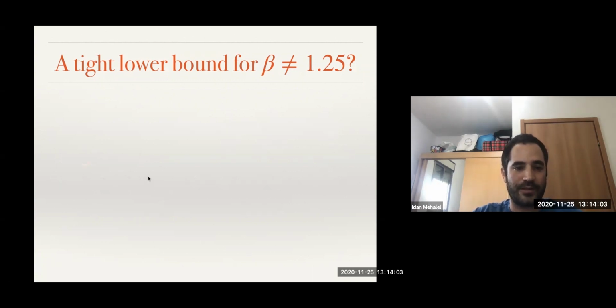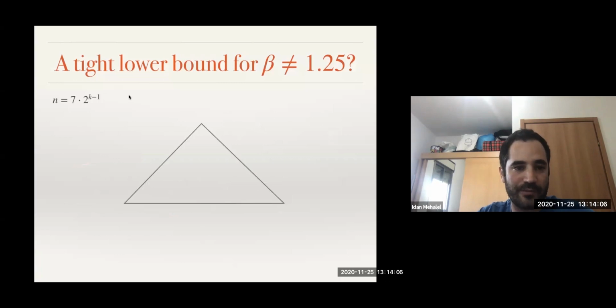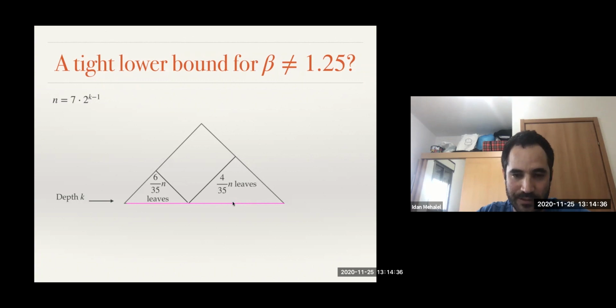So let's take a look at it in binary tree form as before. We construct a binary tree with 2/7 n, which is exactly 2 to the k leaves, which are the large elements. In order to get 2/5 n high probability elements, we want to add mediocre elements. So we split that set of large elements into two sets, one of size 6/35 n and one of size 4/35 n. And we split each of those large elements into two mediocre elements.